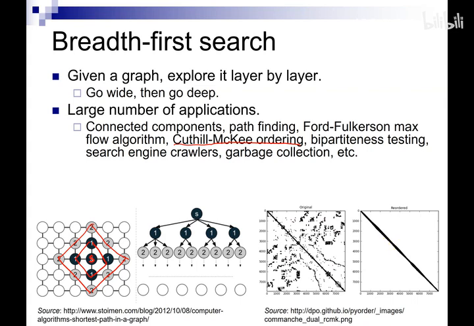And now you can apply one of these nice matrix formats like the diagonal format for this matrix. One of the methods for reordering matrices is the Cuthill-McKee ordering, and this is basically based on doing a BFS. So that's another application for BFS, and there are many, many applications for BFS.